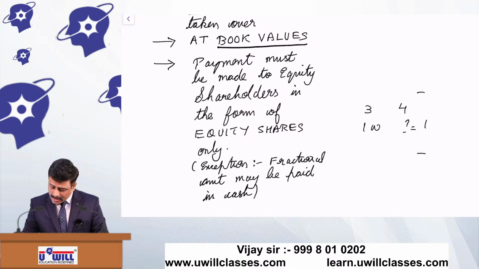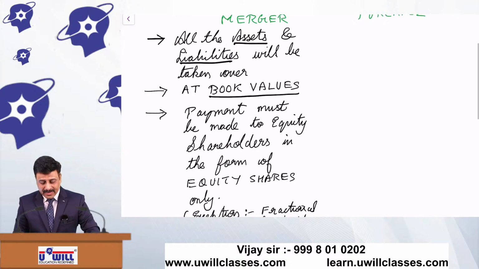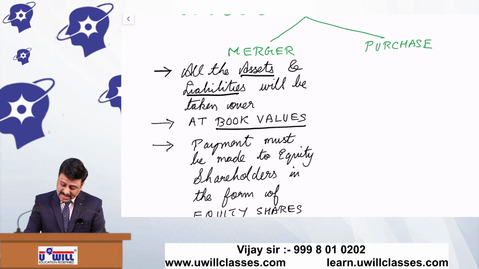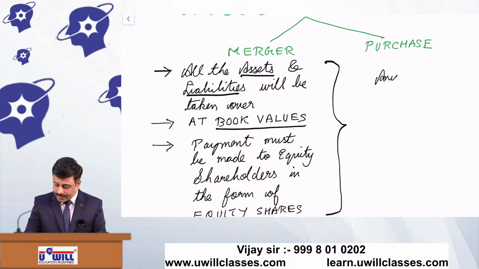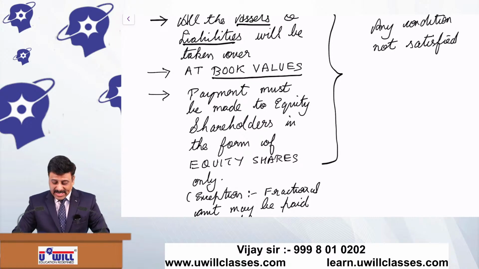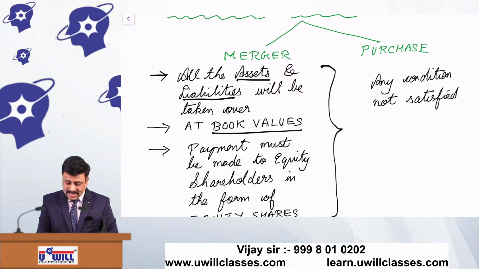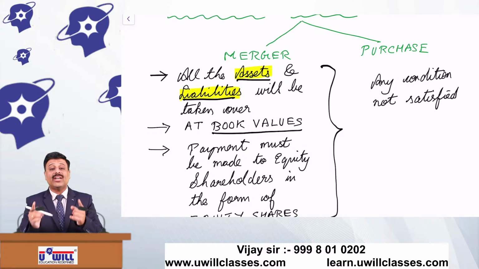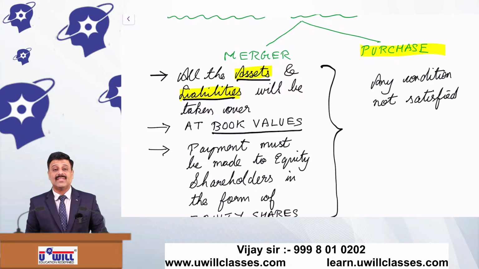Now, if any single condition out of these 3 conditions is not satisfied, it becomes purchase. You just have to remember, for example, if any particular asset or liability is not taken over, then it will become purchase.